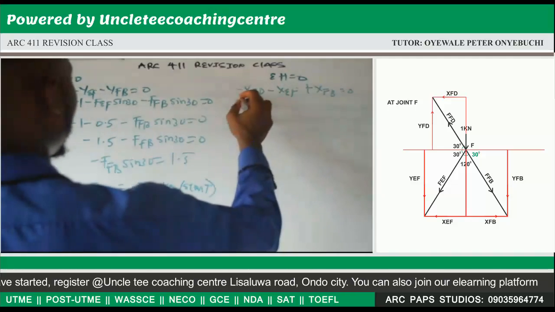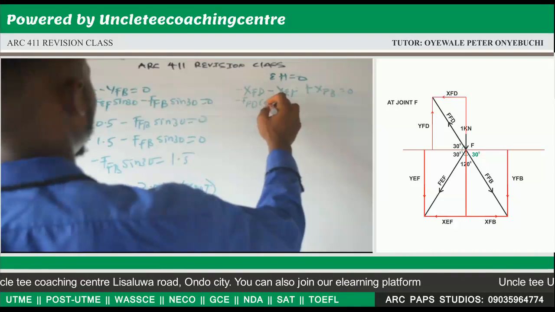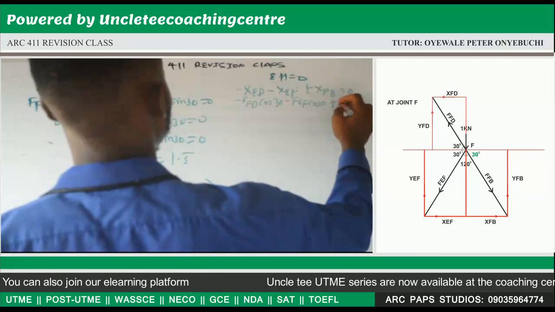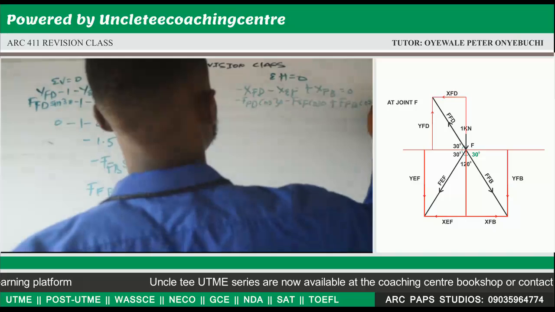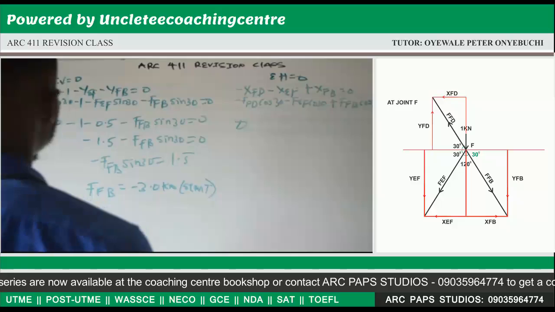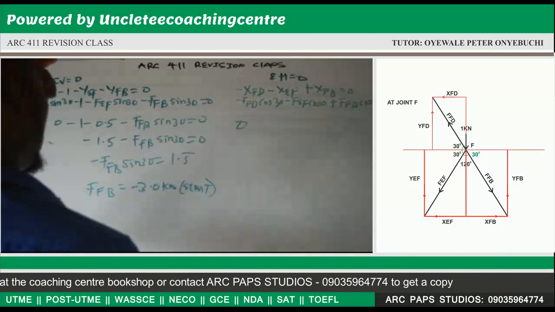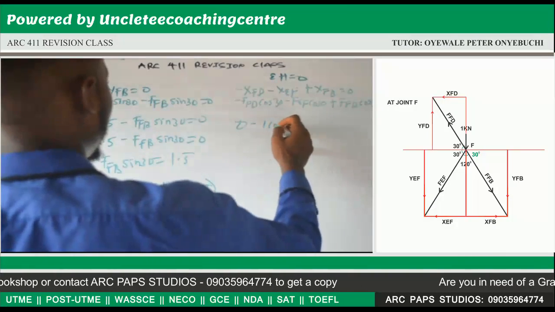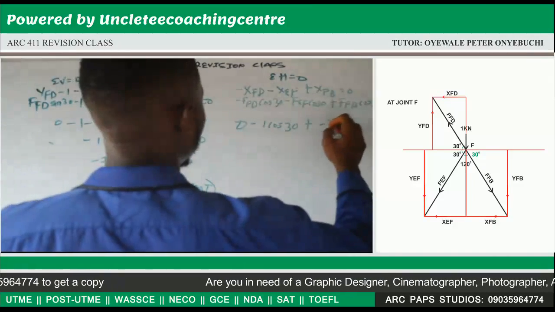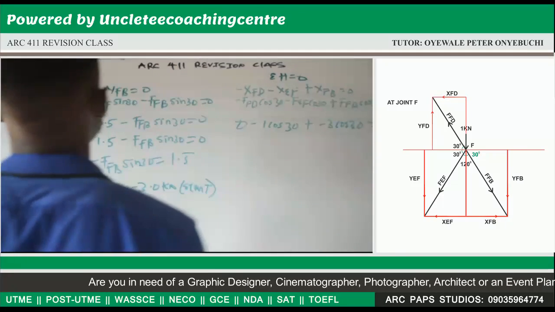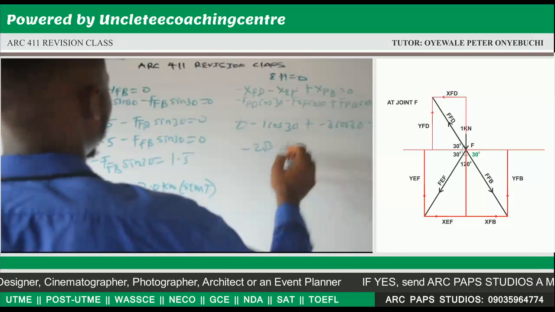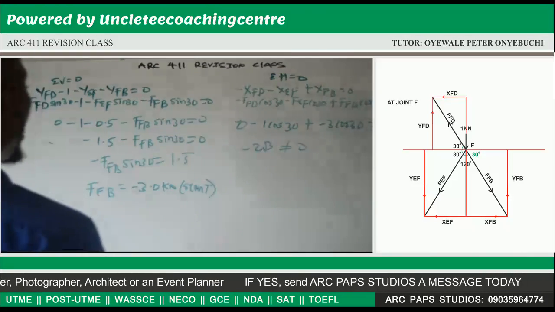Now when you resolve, minus FFD cos 30 minus FEF cos 30 plus FFB cos 30, which will give us 0. Now our FFD is 0, so everything here will give us 0. Our FEF is 1, so this will be minus 1 cos 30 plus we have gotten our FFB to be minus 3, so minus 3 cos 30 is equal to 0. Now everything here will give us minus 2 root 3, which is not equal to 0. It means it's not at equilibrium at this point also.